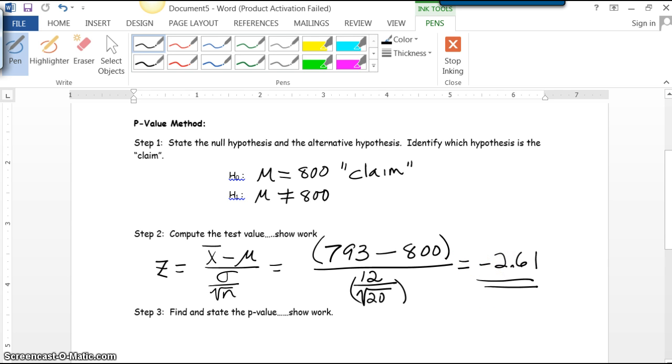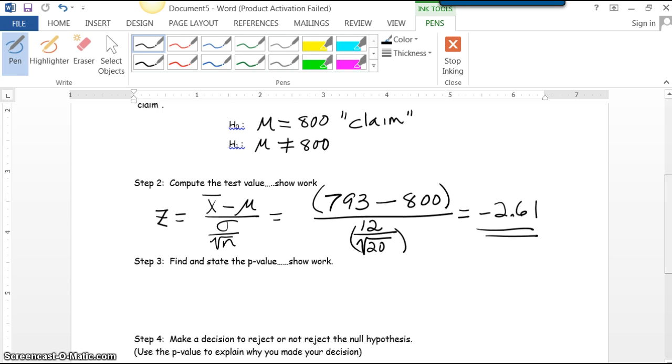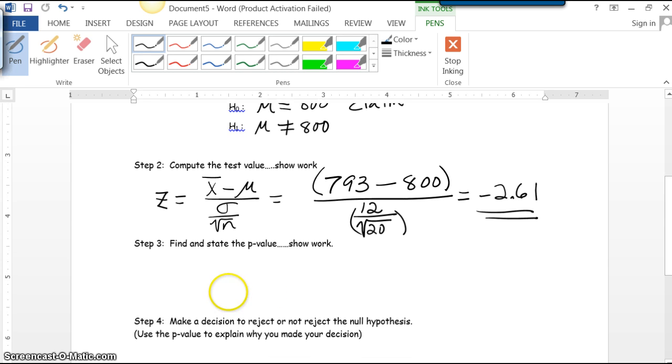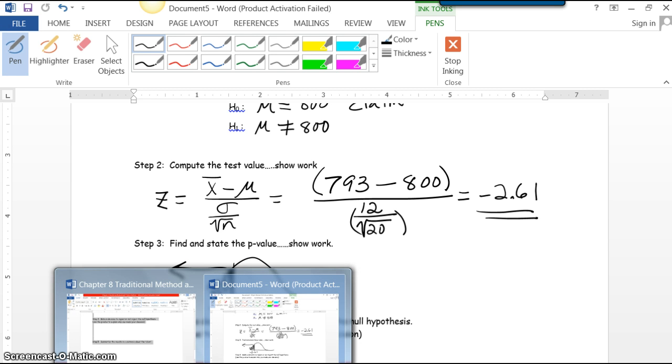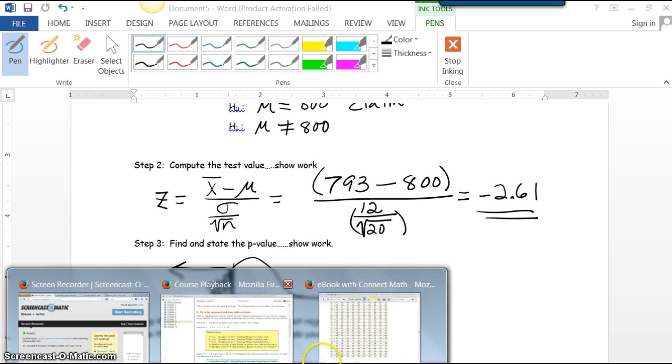That's my test value. On the p-value method, what we do is we look up that test value on the table in order to find the p-value. So what we're really doing is we're going to our z-table and we're looking up negative 2.61, and we're going to find this area going to the left of it. Let me bring up the z-table.